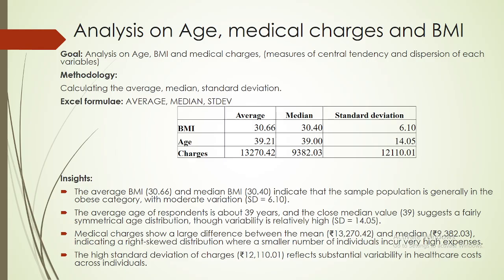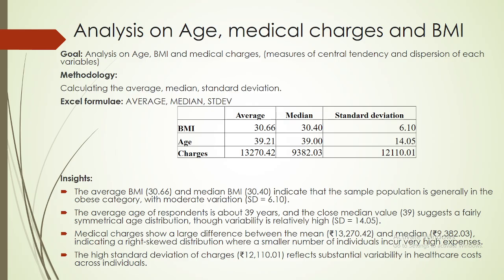And for charges, the medical charges, the mean and median values differ. We can observe a huge cost difference between the mean and the median value, and the standard deviation is also quite high.